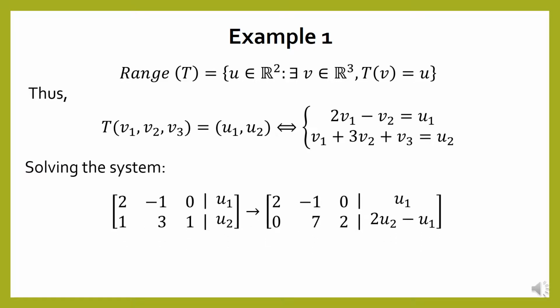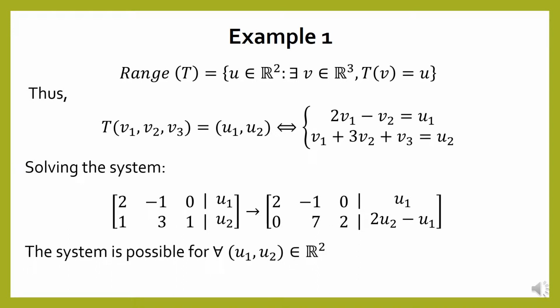Since the rank of the matrix of the coefficients is equal to the rank of the extended matrix, then the system is possible in R2. Then, range of T equal R2.